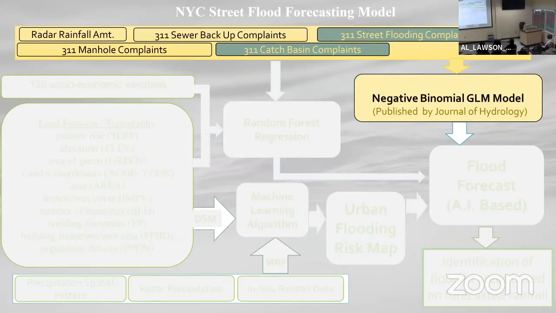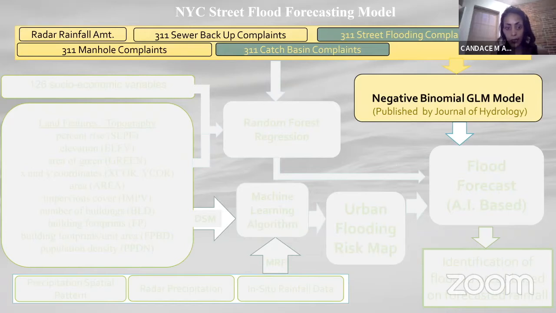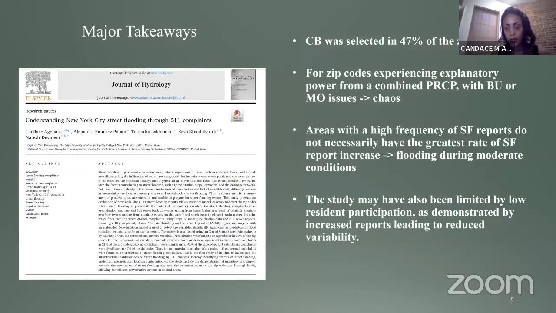So this first paper was published in the Journal of Hydrology late December. The study, titled Understanding New York City Street Flooding Through 311 Complaints, presents an evaluation of New York City's 311 street flooding reports via an inference model as a way to detect the zip codes where street flooding is prevalent.